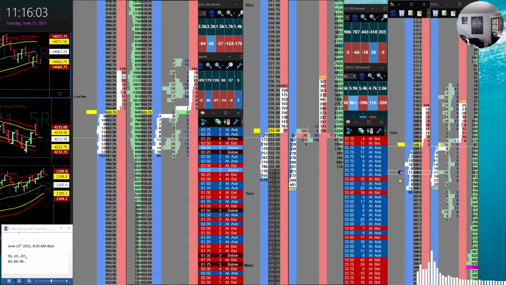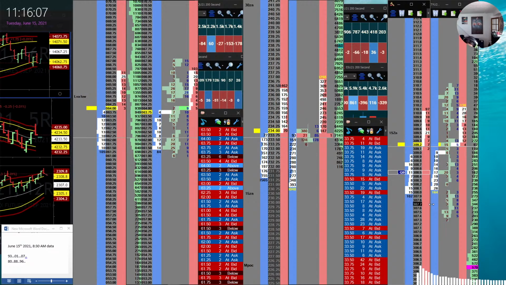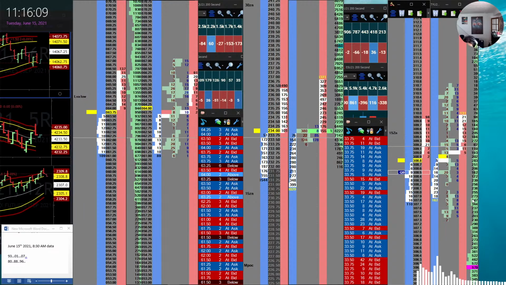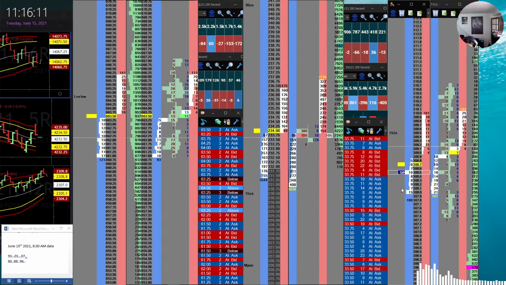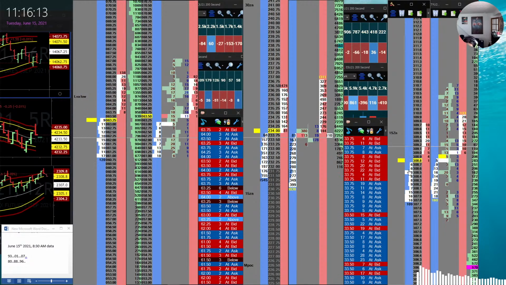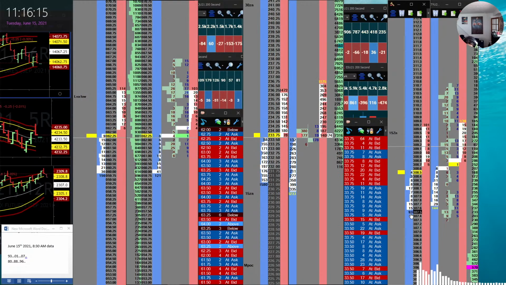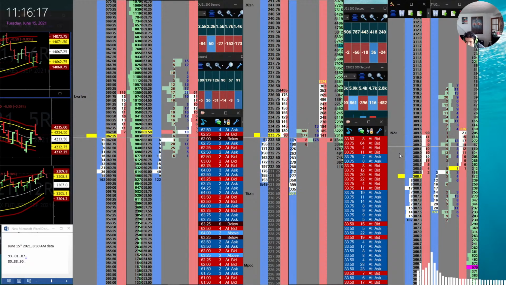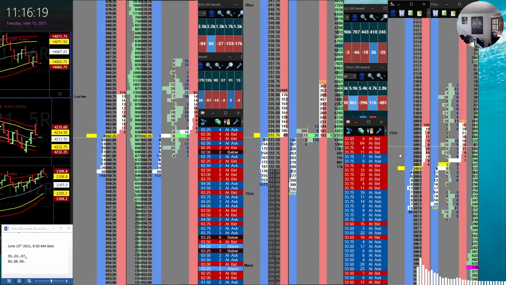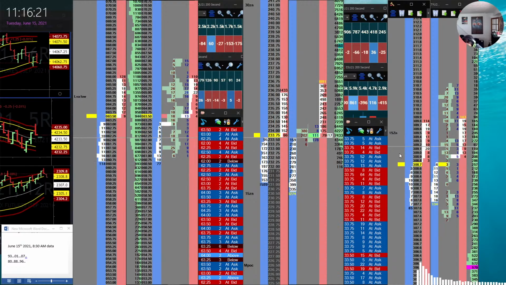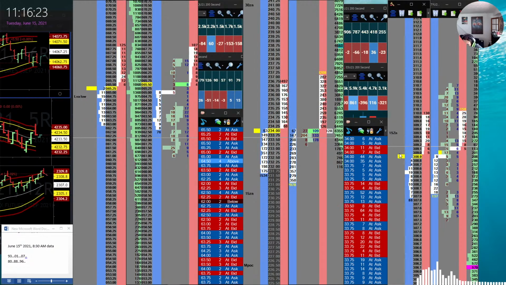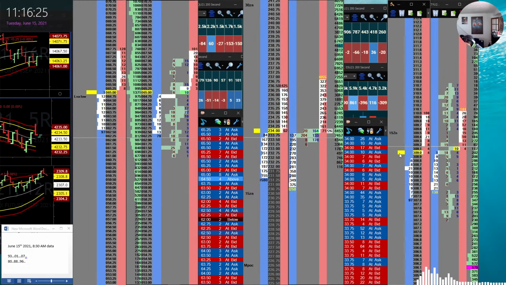Qs just bid there. Actually, it might be more reasonable here. That's a little tricky here. I don't quite like that area. So I pulled the order. I don't like that area too much. 09 bid still. 09 offer.